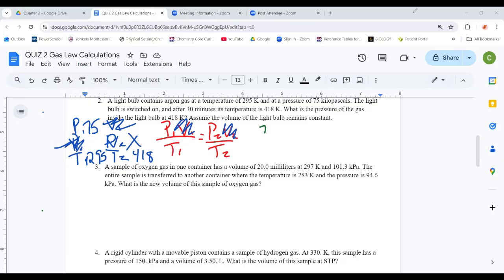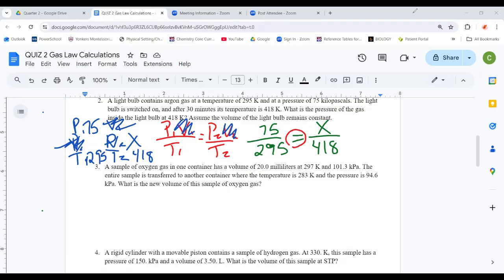So I'm going to go ahead and plug in my pressure, my first temperature, equals, I don't know what my second pressure is, and my second temperature is 418. And you can see that the setup here is very different. When you get it in this direction, you are crossing an equal sign.